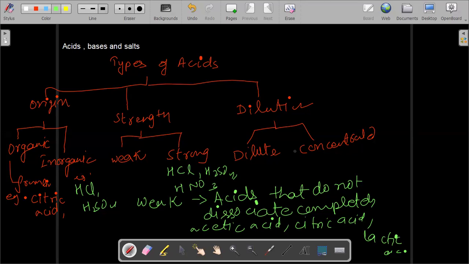And concentrated acids are the acids which have a lower percentage of water in them. Understood? You can make any acid concentrated or dilute. Any acid that you have taken can be made concentrated or it can be diluted. So how can we dilute acids?